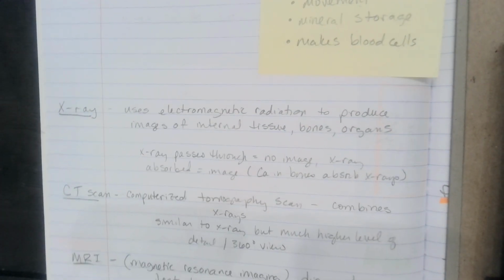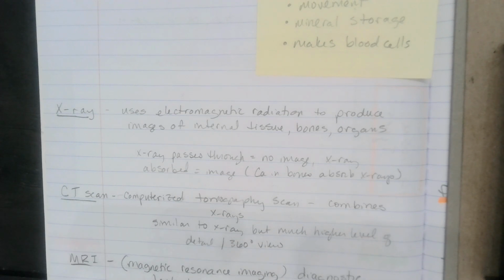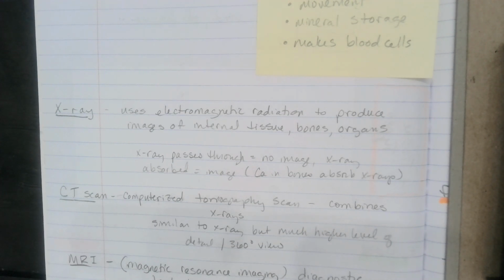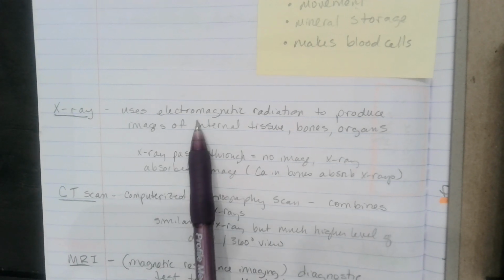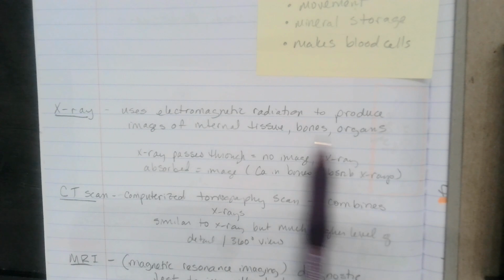We have talked about a few of these different types of images and tools to scan parts of the body, but we're going to be a little bit more specific about them right here. So an X-ray uses electromagnetic radiation to produce images of internal tissue, bones, and organs.